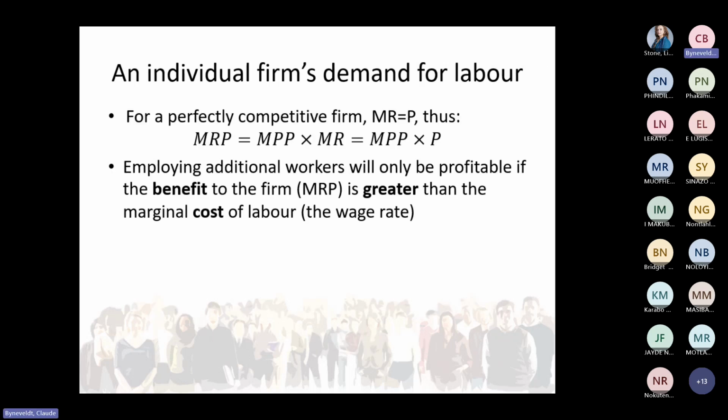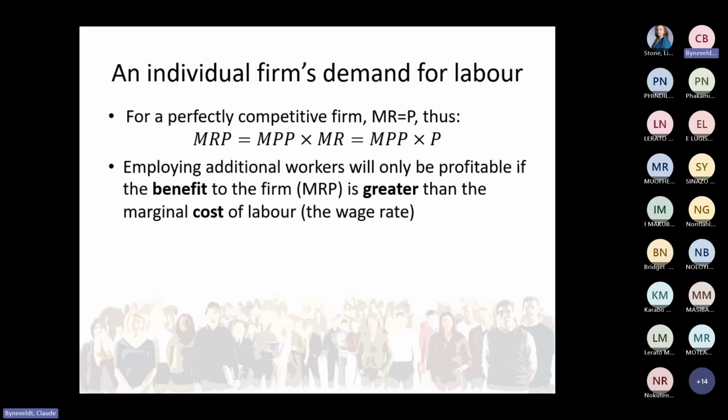Now, remember, we're dealing with a perfectly competitive labor market, so we assume that there are many firms. That is very important. For a perfectly competitive firm, MR is always equal to P. Thus, MRP is equal to MPP times MR, which is then MPP times P, because MR is always equal to P in a perfectly competitive labor market.